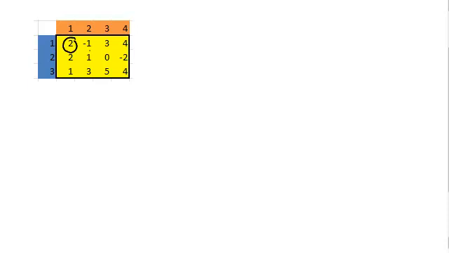So if this is my matrix, then, for example, this number right here is in row 1 and column 1. So it's denoted by row 1, column 1. a_1,1 is 2. While this one, minus 1, is in row 1, column 2. And this one is in row 2, column 1.